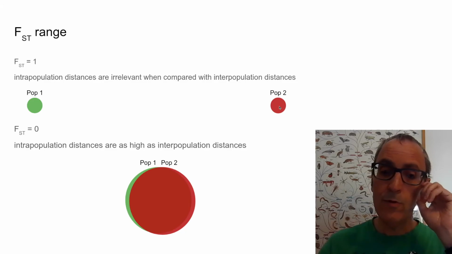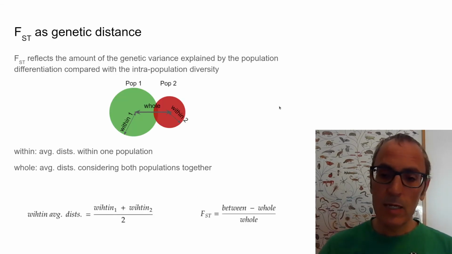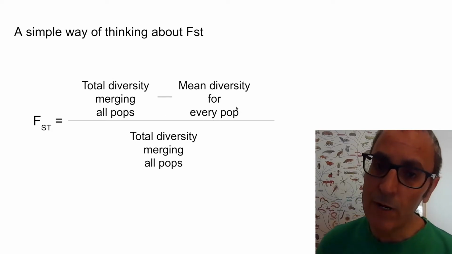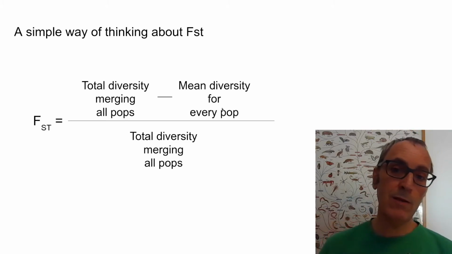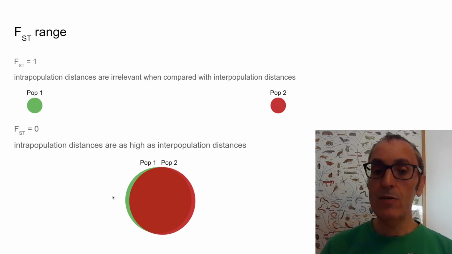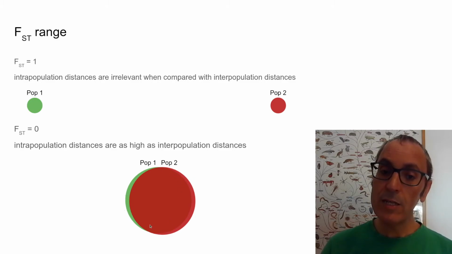So if you go to the formula, the total diversity would be very high, the mean diversity for each population very low, so something very big minus something very small, divided by this big something, that gives you 1. So FST will be 1. If in the other case most of the diversity is shared, then FST would be almost 0, close to 0.